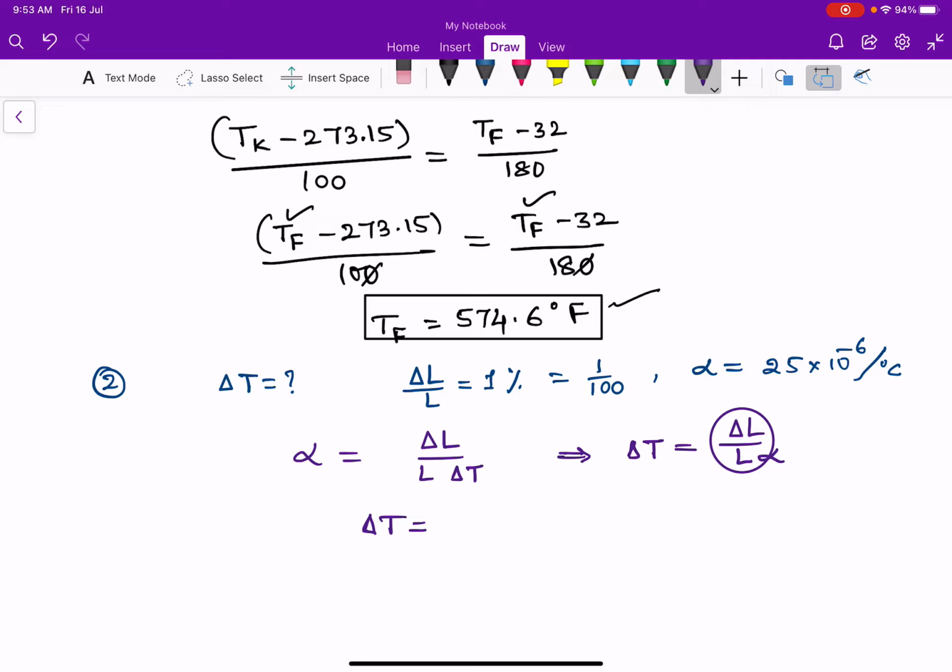Delta L by L is equal to 1 by 100, into 1 by alpha. Alpha value is given as 25 into 10 to the power of minus 6.